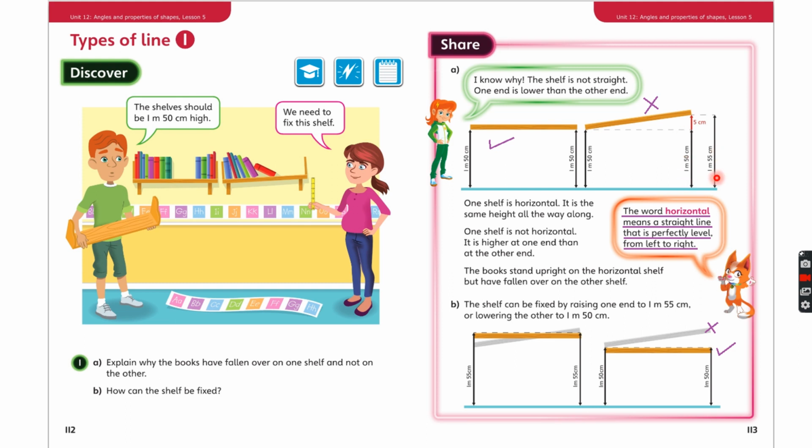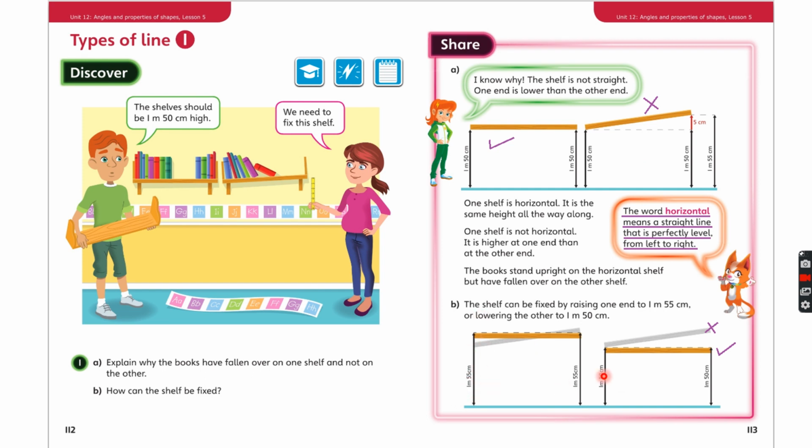It's not 155 centimeters anymore. Now it's 150 centimeters, exactly like the left side. So when I do that, I'm gonna get a horizontal line, and all the books will not fall over.